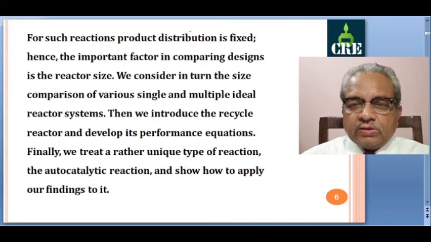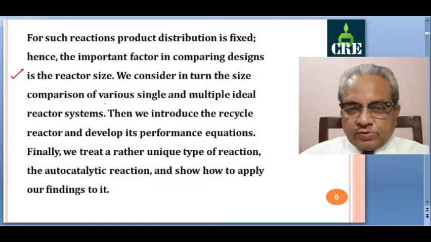For such reactions, product distribution is fixed, and hence important factor in comparing design is the reactor size. So in minimum size, how we should get the job done? We consider in turn size comparison of various single and multiple ideal reactor systems.